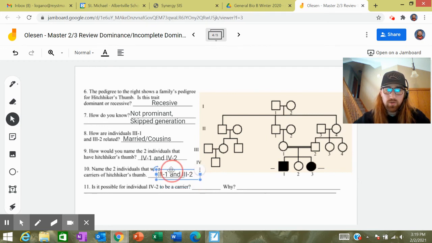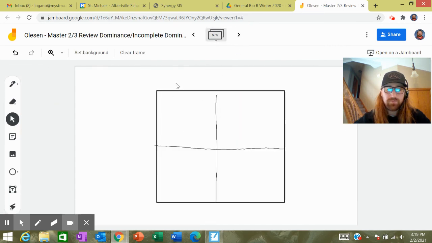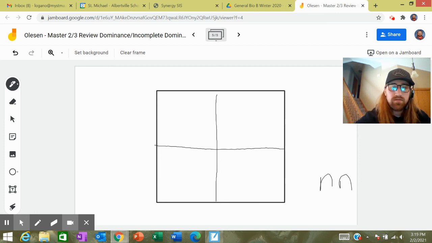Now, the reason I know this, so we can look at it like at this angle. Let's say hitchhiker's thumb or normal thumb represented by capital N and lowercase n. Capital N means that you have a normal thumb. Lowercase n means you have a hitchhiker's thumb. Okay? To get individuals with two lowercase n's, both parents have to have that trait.